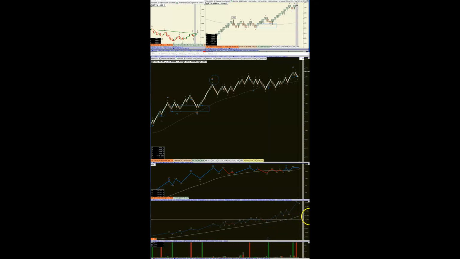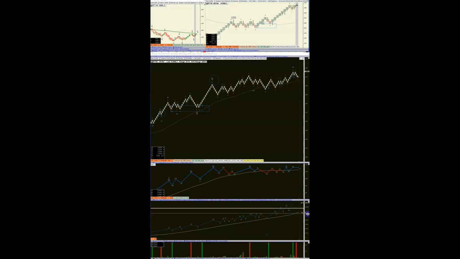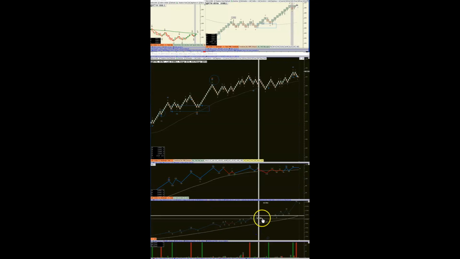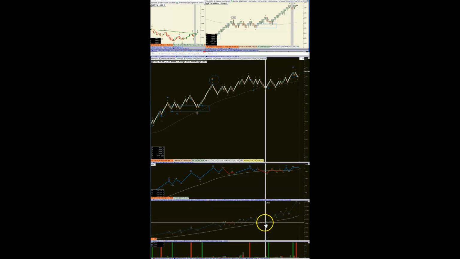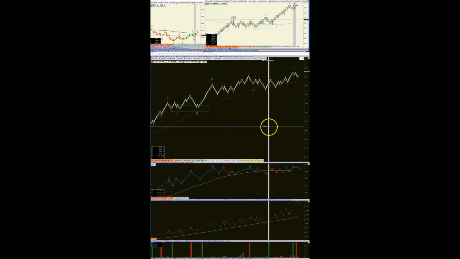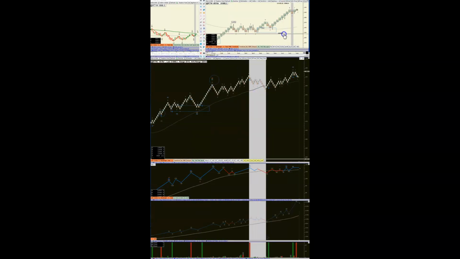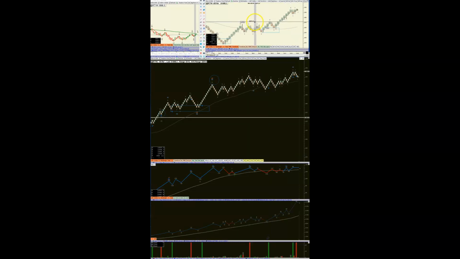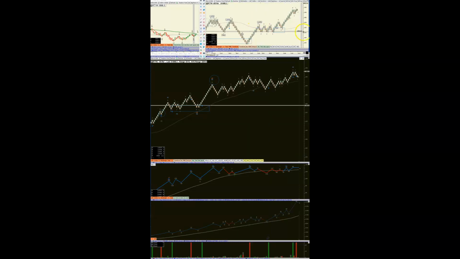It says 11. At this point I get wary. I'm like, uh-oh, better get out, but it's not. Why? Because 23 comes in, so that selling is bought.